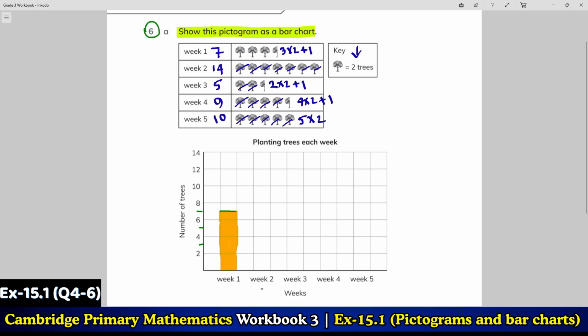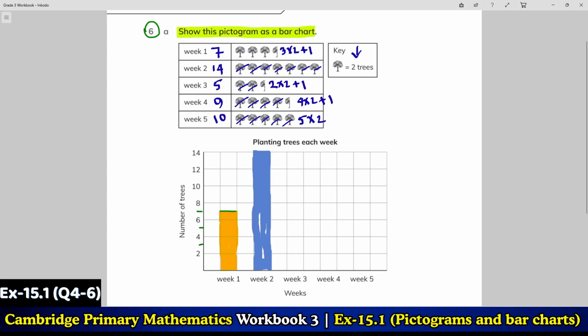What about the second week? It's 14. I think it's the highest, right? So 14, it can be in here. Slowly you can do this one. Once you are doing it on your paper, it's looking very nice. My handwriting is not so good, so please excuse me for my bad handwriting.